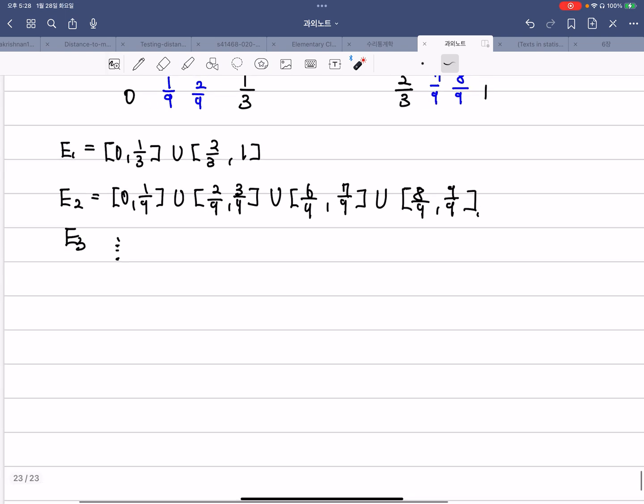And from En, remove the middle thirds of the intervals of En to get En plus 1.